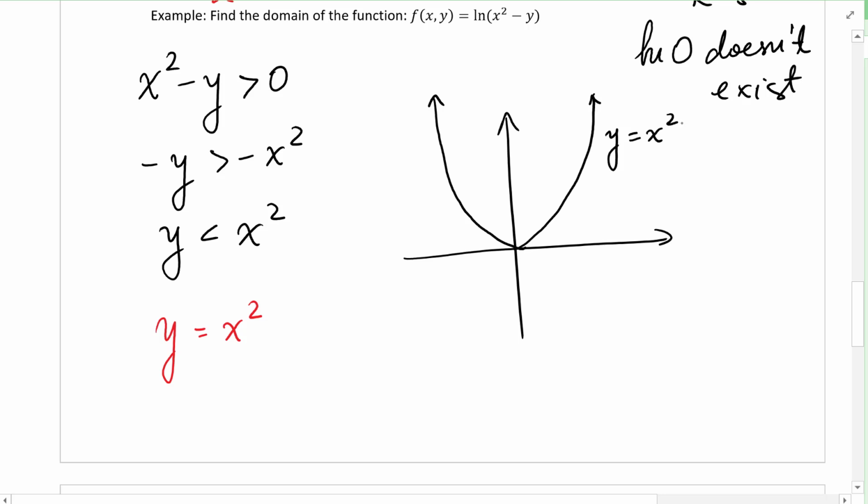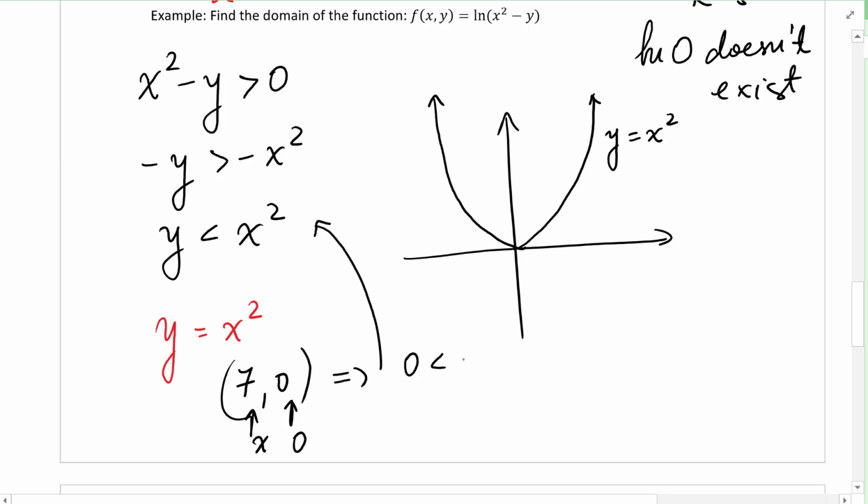Now we have two regions, the inside and the outside, so we have to decide which one we shade. Let's pick a number, for example 7, 0. So that's x equals 7 and y equals 0. What does that mean in terms of our inequality? It means 0 less than 49, which is true. So the point 7, 0 satisfies the inequality.